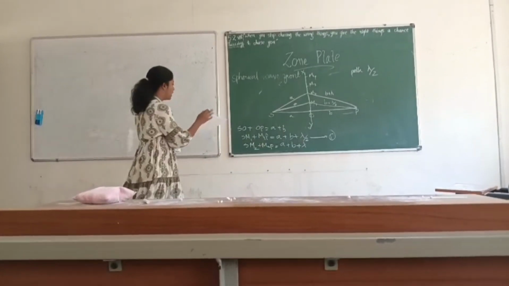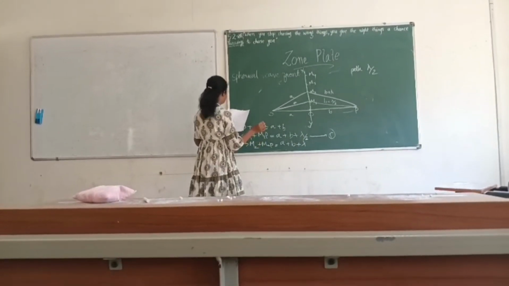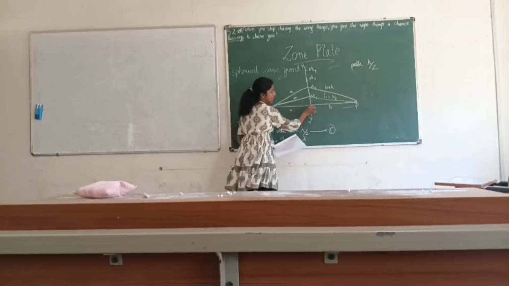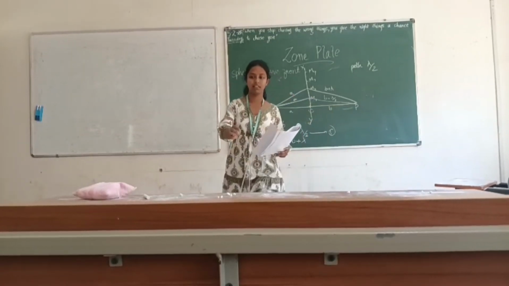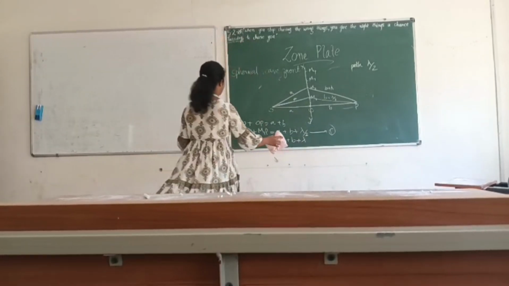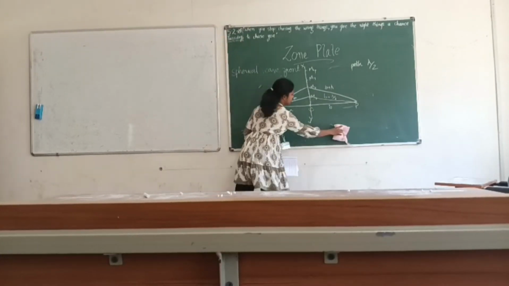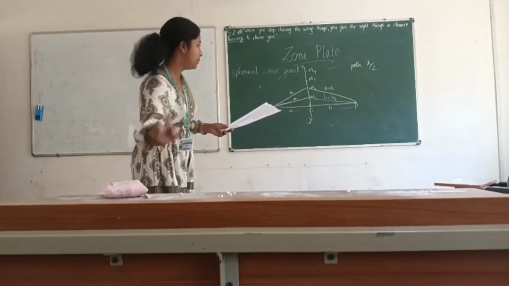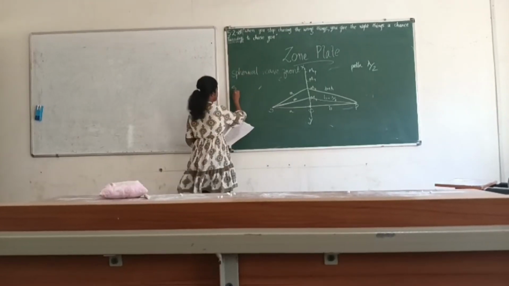So now we understand that we can find two triangles here. Let me write the first equation here.